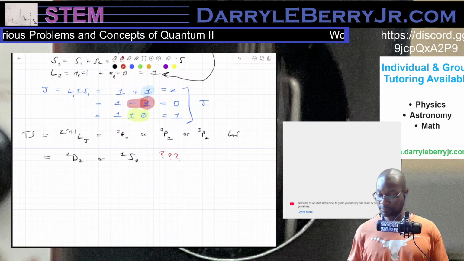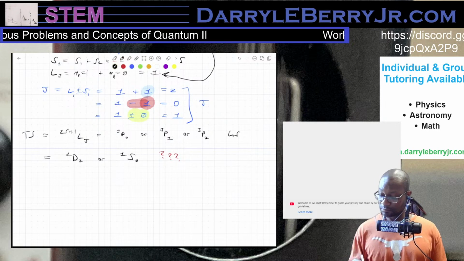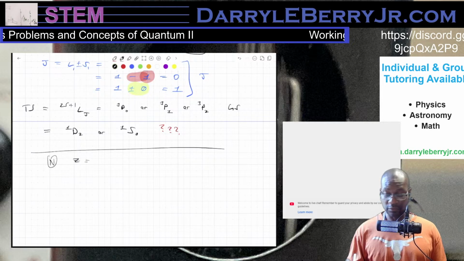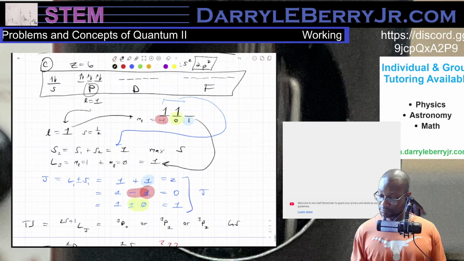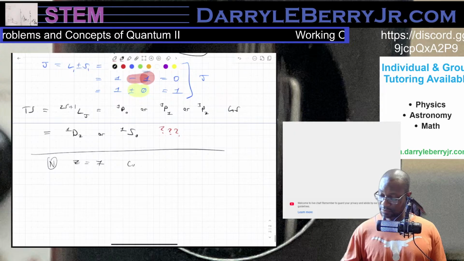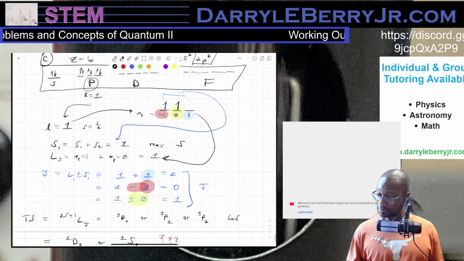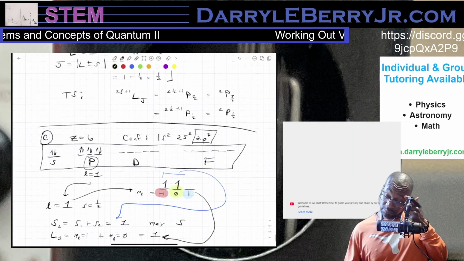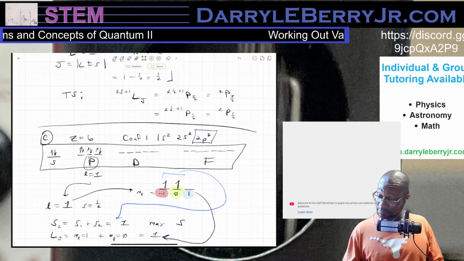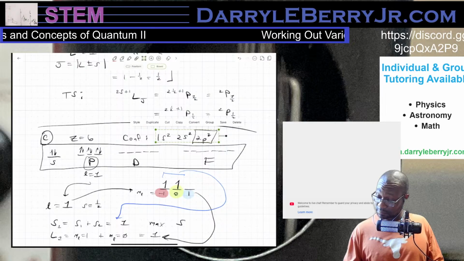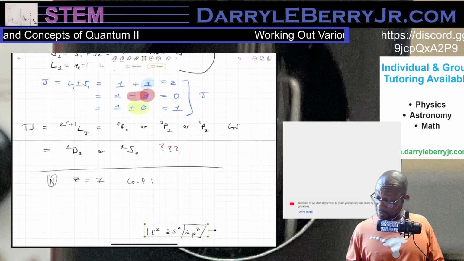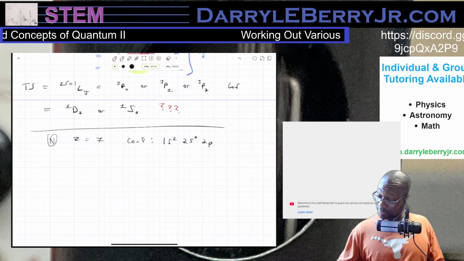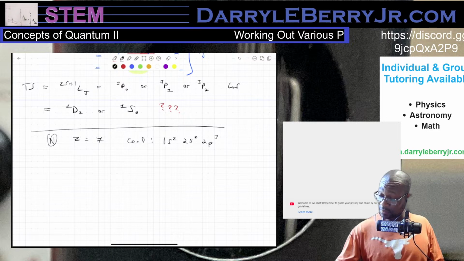All right, so 2 more. Nitrogen, Z equals 7, and the configuration should be clear. It's this with P3, but each of those should be unpaired.